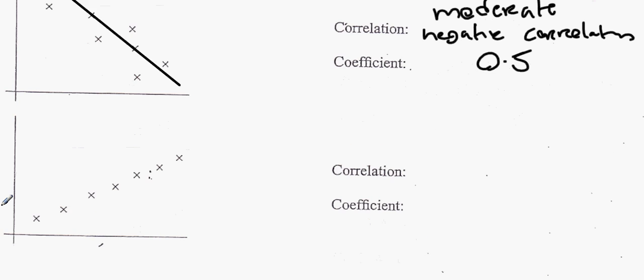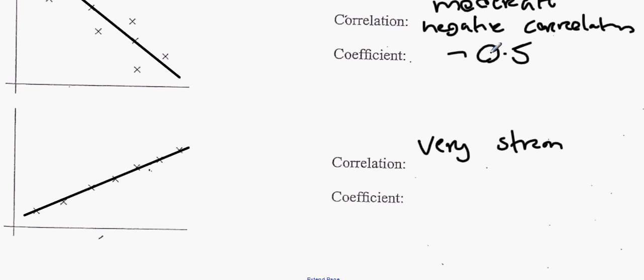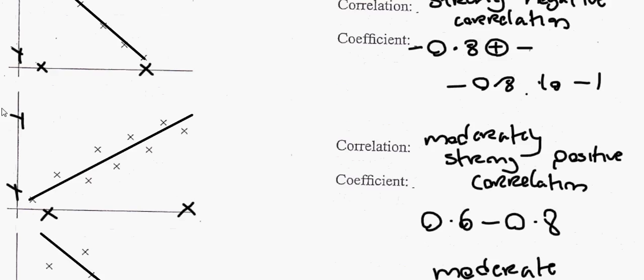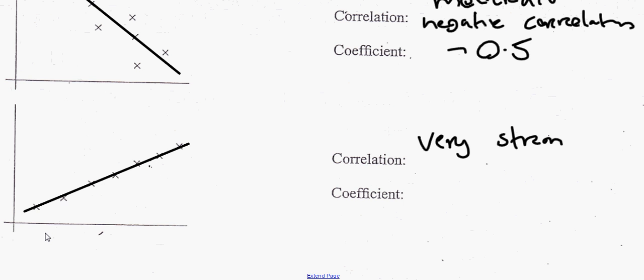Okay, now this one here is a strong positive correlation, near enough perfect, right? So it's a very strong positive correlation. Oh, this one is negative, so it's minus 0.5. Negative correlation minus 0.5. These ones are positive correlations, and that's a negative correlation, and this one here is a very strong positive correlation.